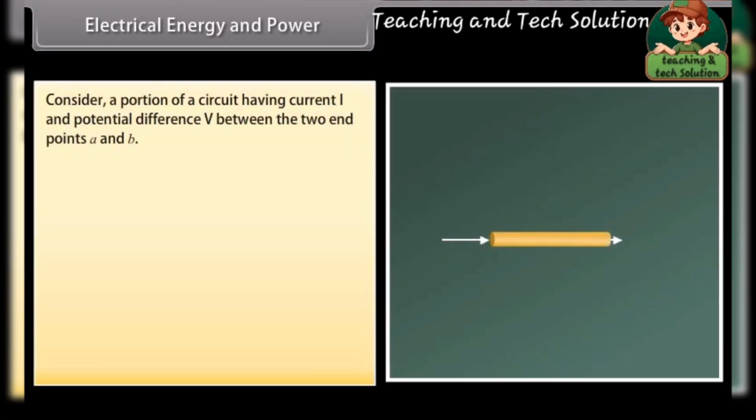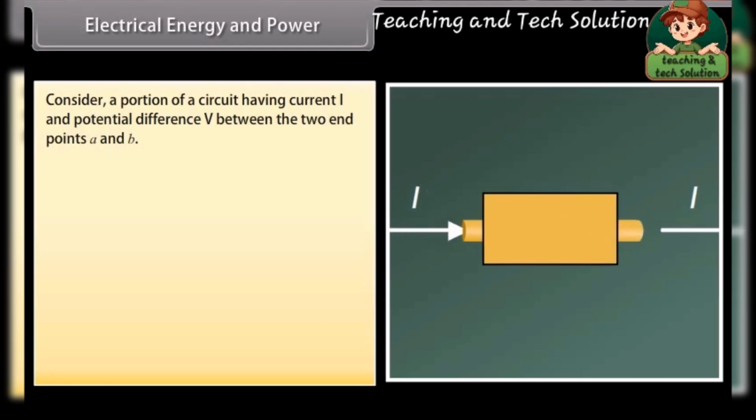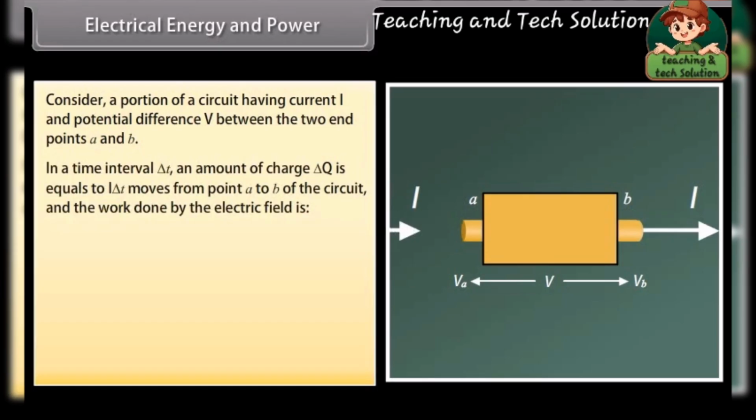Electrical energy and power. Consider a portion of a circuit having current I and potential difference V between the two endpoints A and B. In a time interval Δt, an amount of charge ΔQ equal to IΔt moves from point A to B of the circuit, and the work done by the electric field is equal to the product of V and ΔQ, which is equal to the product of V, I and Δt.